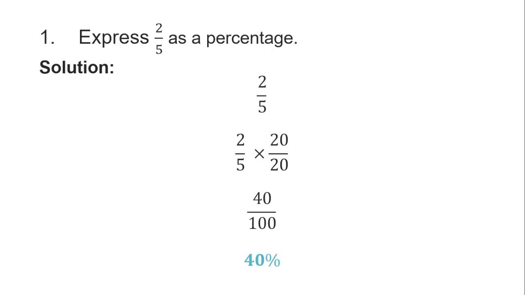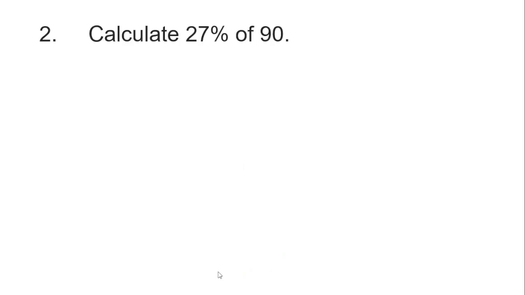Okay, next one. For example, let's calculate 27% of 90. What is 27% of 90? For example, if we're looking for 1% of 50, that's 0.5.